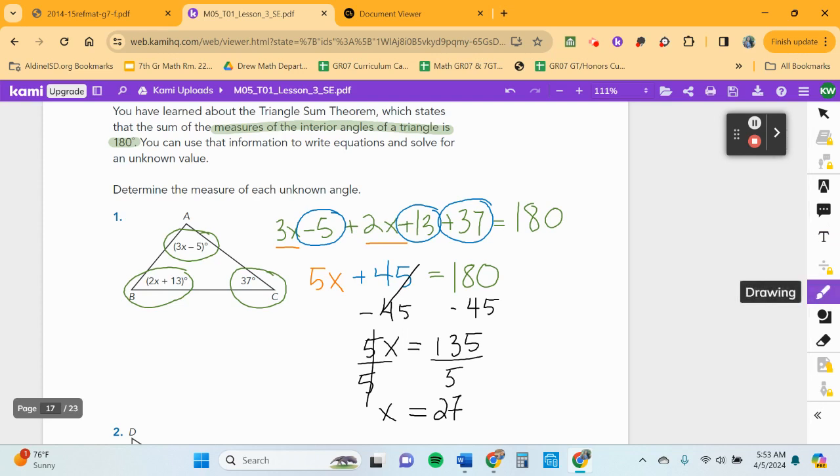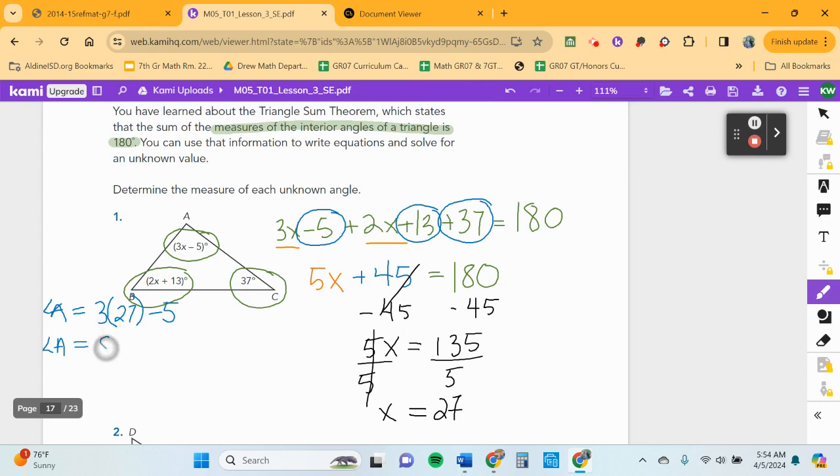Use blue. So for angle A, let's start with A. Angle A is equal to 3 times x. I know that x is 27 now, minus 5. And I'm going to go ahead and solve. I've already got this solved, so I'm going to go ahead and fill that in. But just know that you will have to do all of this by hand because when you take your STAR test, you will not have a calculator.